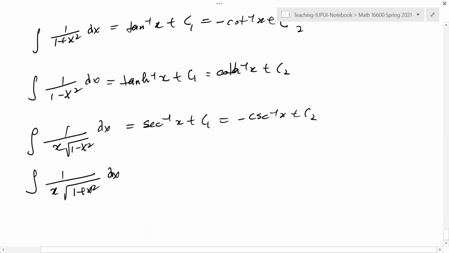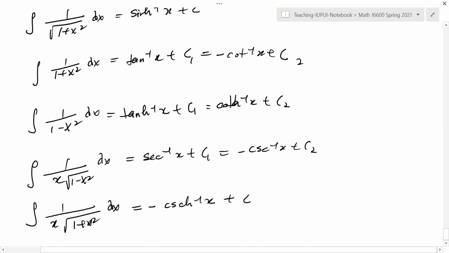If I change it to this, then this will actually be negative, the inverse of cosecant, hyperbolic, plus c.